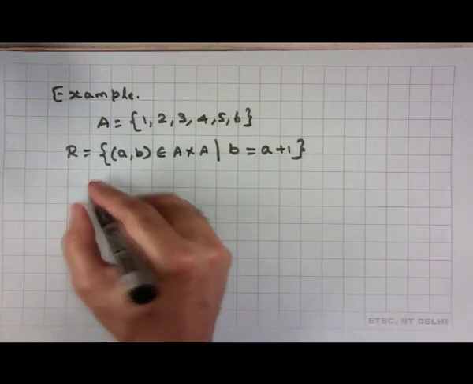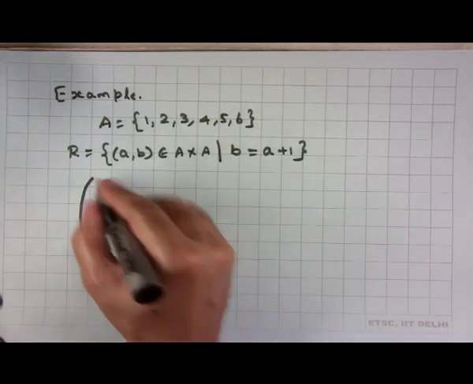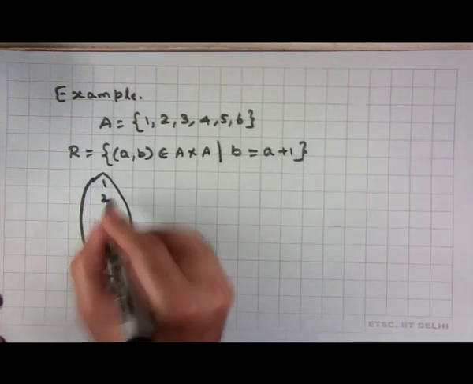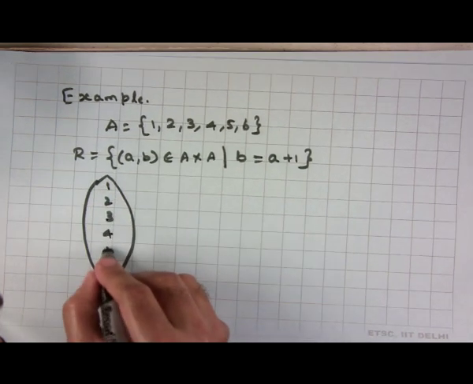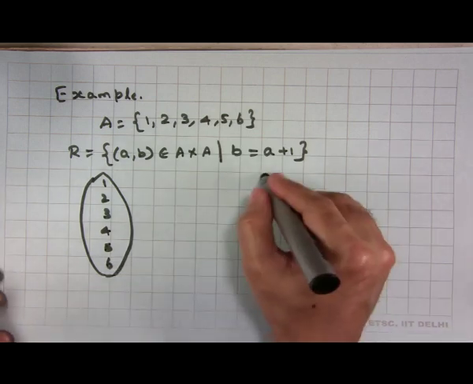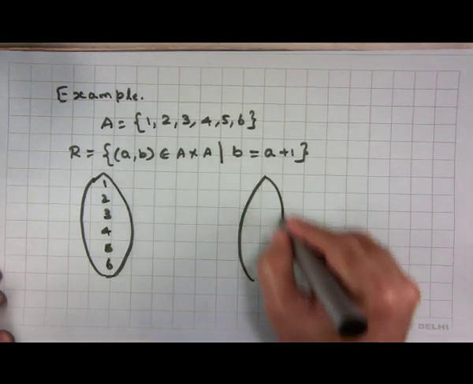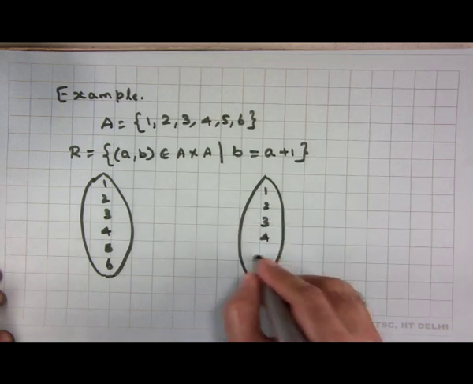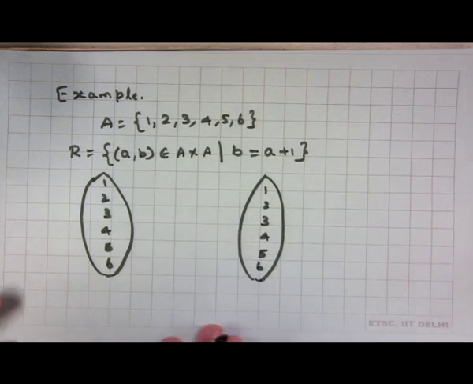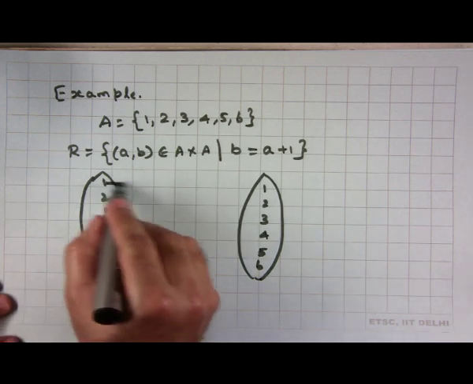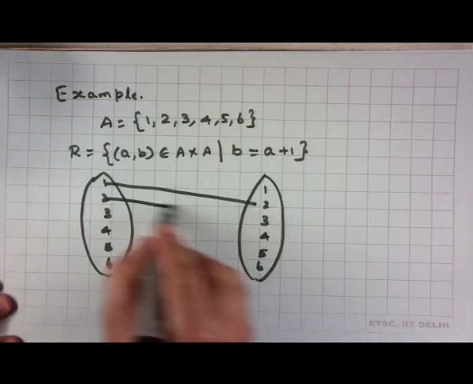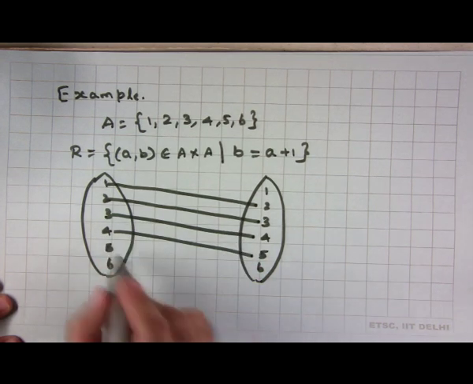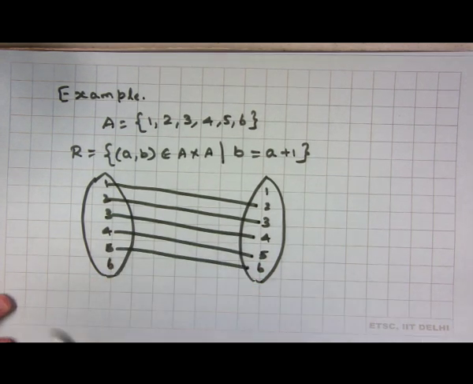Now, let us try to draw this in the form of a picture. 1, 2, 3, 4, 5 and 6, and on the other hand you have 1, 2, 3, 4, 5 and 6. Now, notice that 1 is mapped to 2, 2 is mapped to 3, 3 is mapped to 4, 4 is mapped to 5 and 5 is mapped to 6.